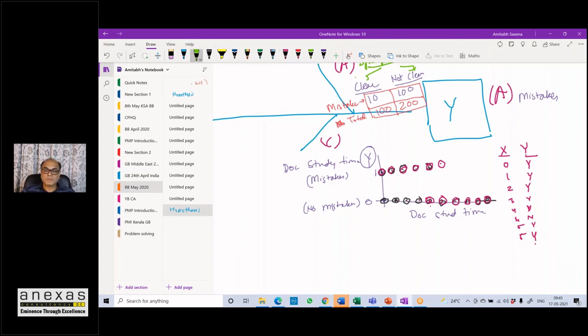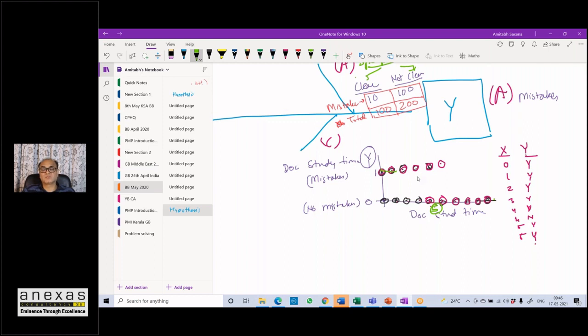Now, if I ask you, if I study the document for 5 hours, what is the probability? If I study documents for only 1 hour, the probability of committing a mistake is 1. If I study the documentation for 20 hours, the probability of committing the mistake is 0.